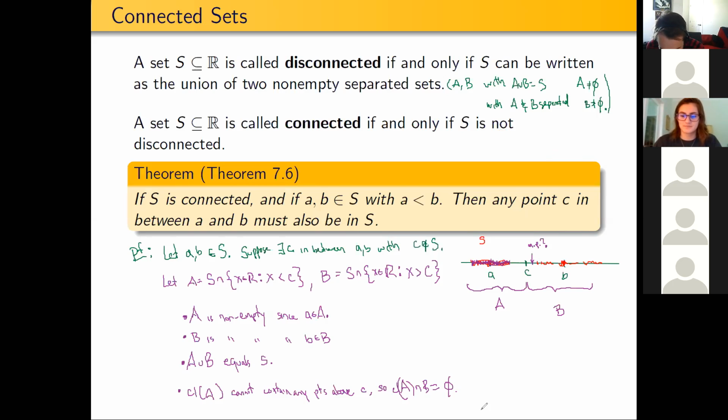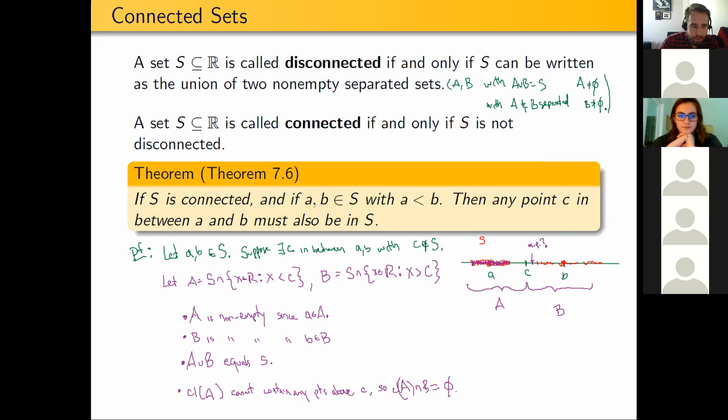The order limit theorem for sequences said that if your a sub n is always a non-negative number, then the limit it converges to must also be non-negative. So if a sub n is bigger than or equal to 0, then its limit a must also be bigger than or equal to 0. The same thing is in effect here. If our set is less than or equal to C, then any accumulation point must also be less than or equal to C.